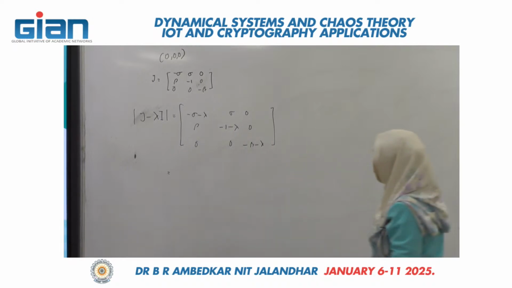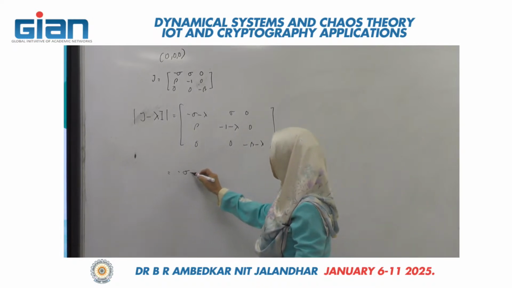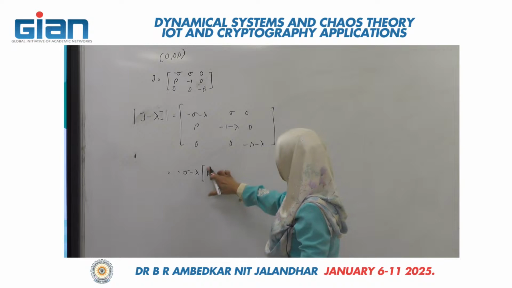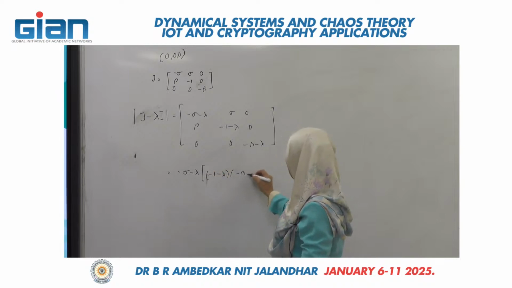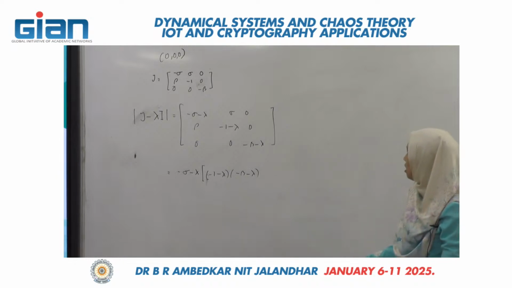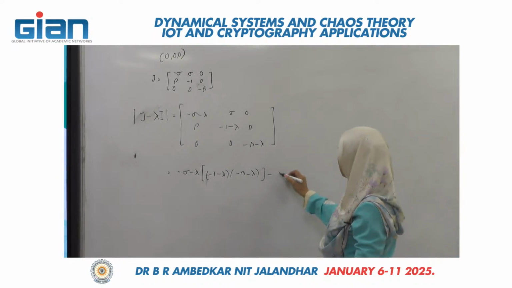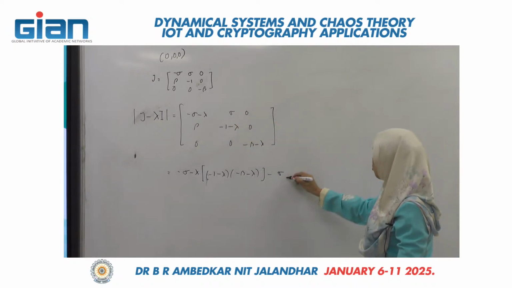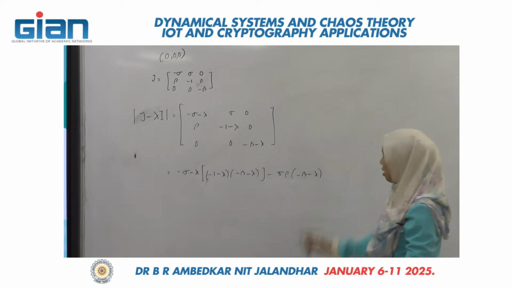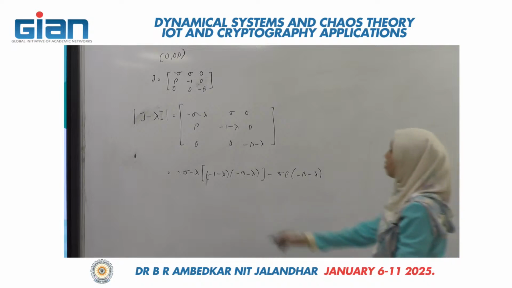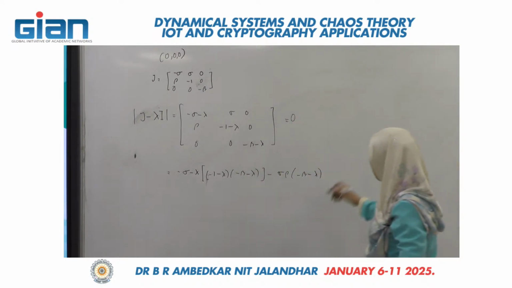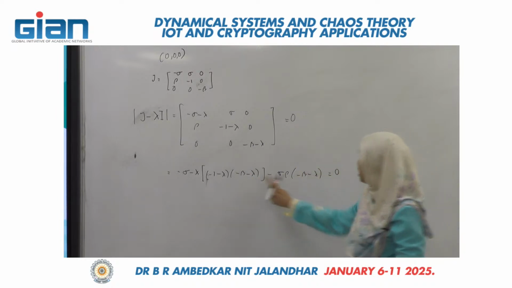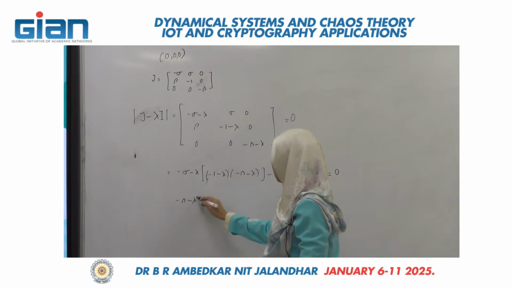If you are using a 3 by 3 matrix, we will get the determinant, and setting it equal to 0, I think we can factor out negative beta minus lambda.